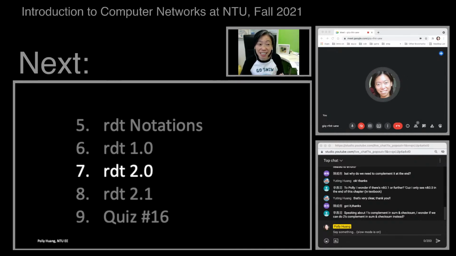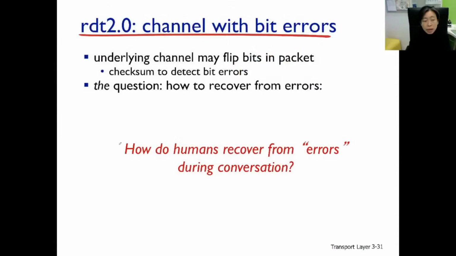Now, let's make it a little bit less trivial, assuming the channel is unreliable. This is RDT 2.0, when the channel is no longer perfect, but it's not so bad either. We do have some problem, but just this problem: bit errors, meaning that if you look inside the packets, some of the bits might be flipped.